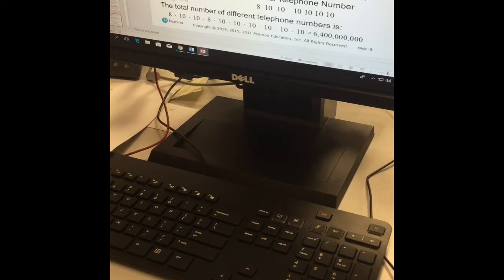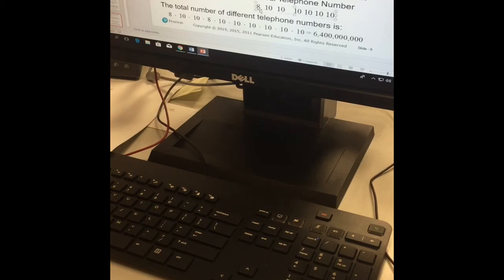So we only have 8 digits to choose from. But the other 2, there are 10. So in the area code, we know we have 3 digits that we can use. And so the first, we can have a possibility of 8, and the other 2, 10.